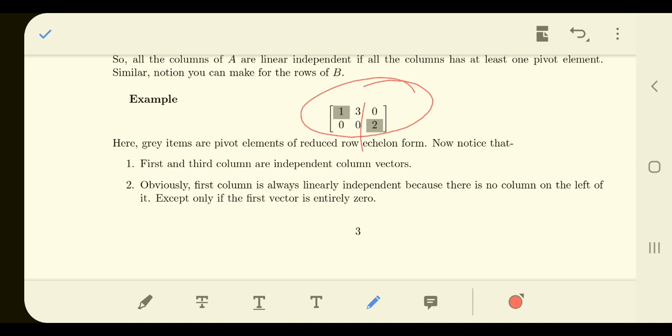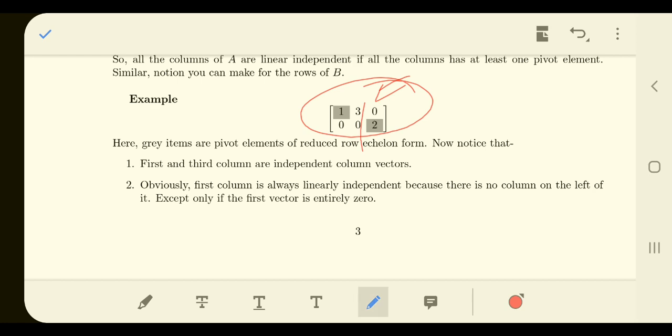The third column has a pivot element, so it is again linearly independent of the previous two columns. So the first column and the third column are linearly independent, and the second column is linearly dependent on the first column.